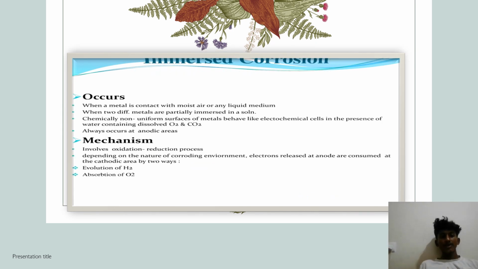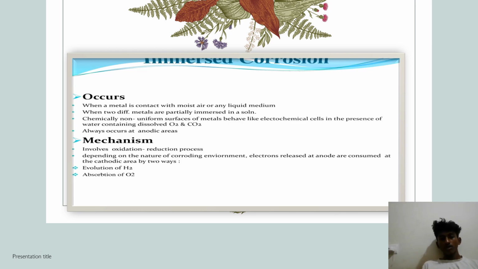Wet corrosion occurs when a metal is in contact with moisture, air or a liquid medium, or when two metals are immersed in a solution. A chemically non-uniform metal surface behaves like an electrochemical cell in the presence of water containing dissolved O2 and CO2, and corrosion always occurs at the anode area.